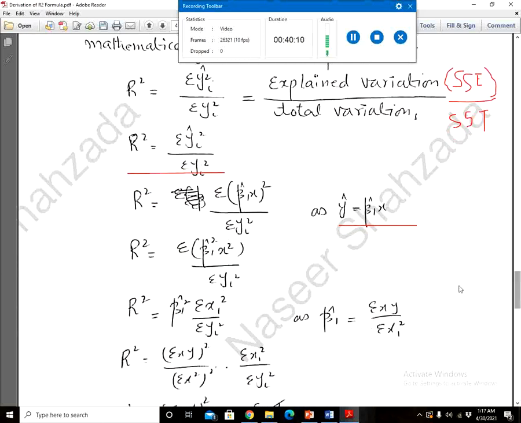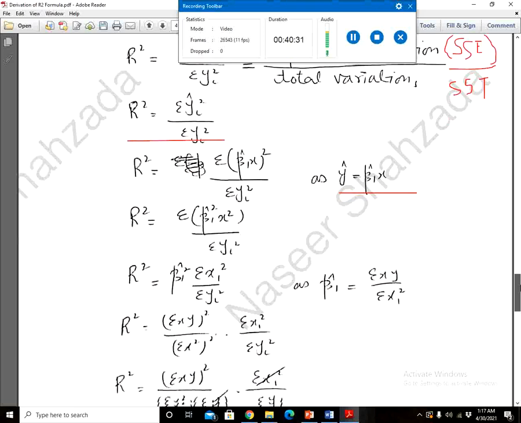Now here R square is equal to summation beta 1 cap square into x square divided by y square. We have opened that square, and we can write R square is equal to beta 1 cap square into summation xi square divided by summation yi square.